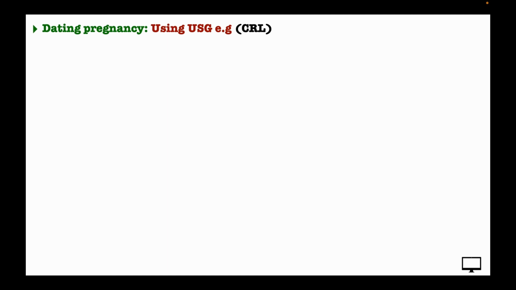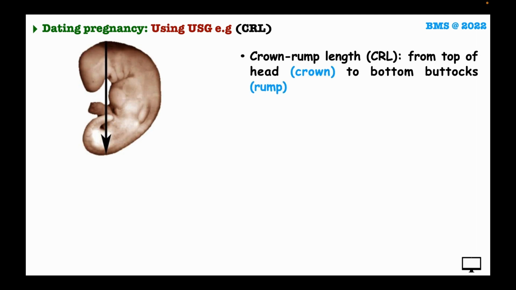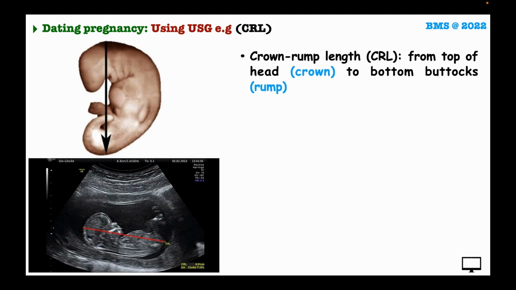An example of such parts is the crown rump length, which we are going to look at. When we talk about the crown rump length, it measures the distance from the top of the head, which is the crown, to the buttocks, which is the rump. Now, it is taken around the 6th or 7th week of gestation up till the 14th week of gestation.